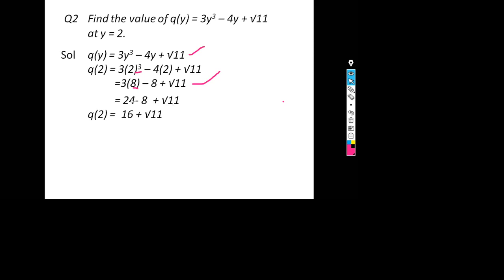You see that 24 and 8 can be subtracted, and we get 16, but root 11 is an irrational number and 16 is a rational number, so they will not be added further. So the value of the polynomial at y equals 2 is 16 plus root 11. Let us discuss one more problem.